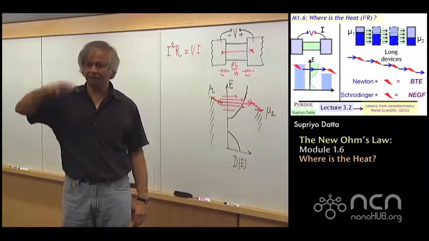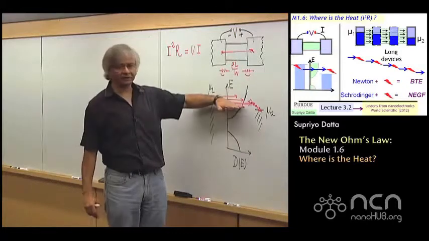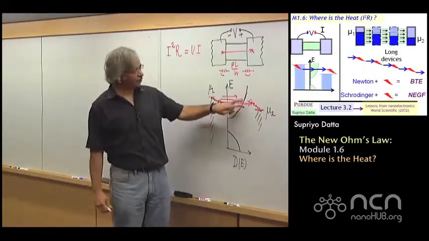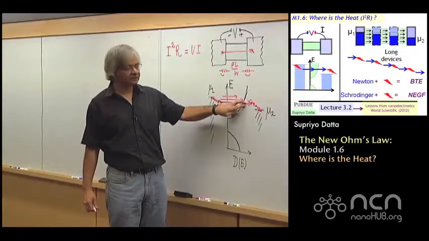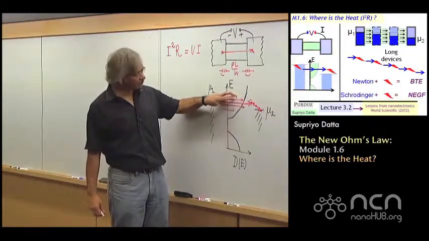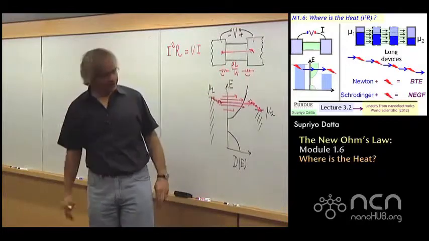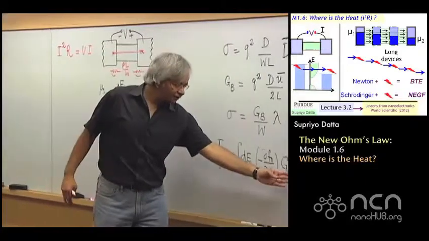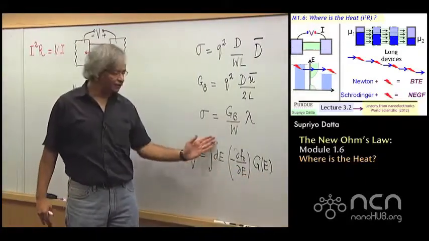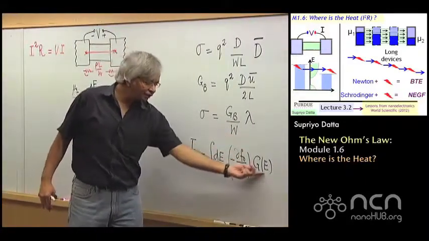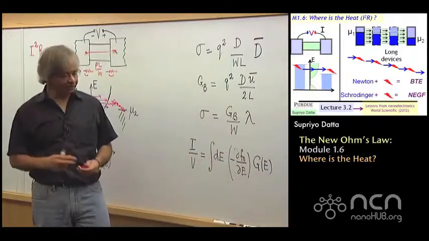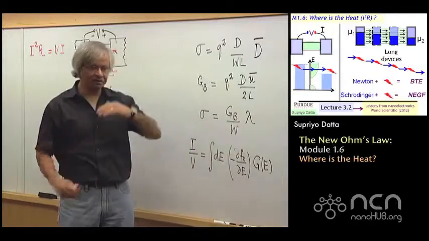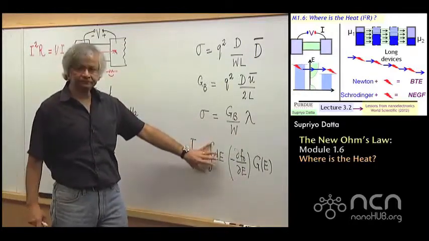You are not allowed to go up and down in energy. You just stick to that. So when I'm calculating current, I can figure out what happens in this channel and what happens in this channel and what happens in this channel all separately, and then just add them up as I've done in this integral. That was this integral. What it shows you is you can think of the conduction through one energy channel and then just average it over energy, because you've got all these things in parallel carrying current.